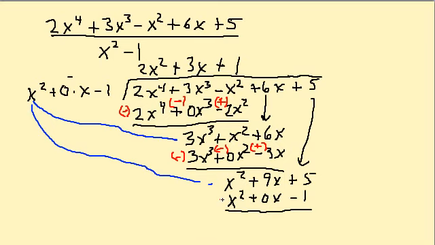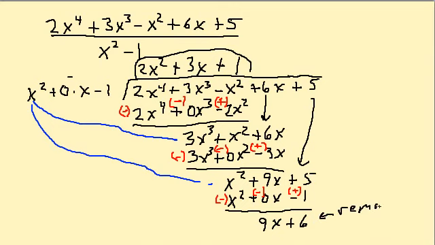So I change the sign of each term and I add. So I get 0, here I get 9x, and here I get plus 6. So here's my answer, 2x squared plus 3x plus 1 with a remainder of 9x plus 6. I hope this video helped. Thank you.